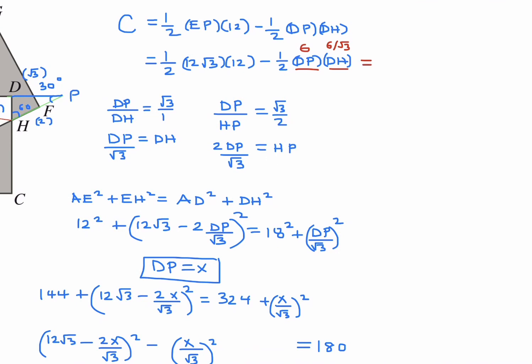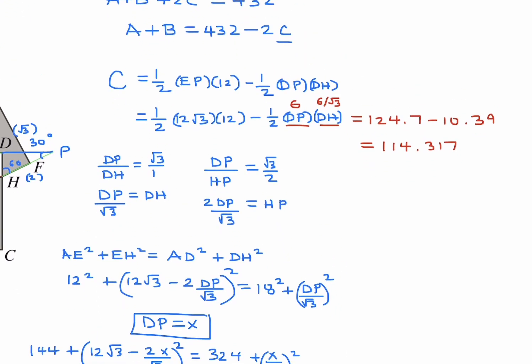So solving here, the good news is that we can figure out an actual decimal. We don't have to worry about roots and all that. So the first part here is going to be approximately 124.7, and the second part is approximately 10.39, and if you do that, you get 114.317.